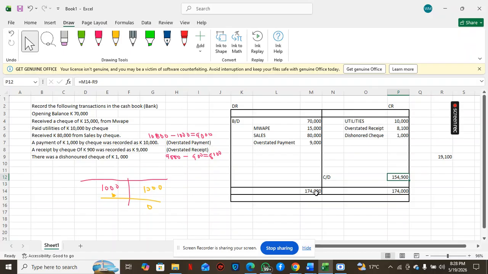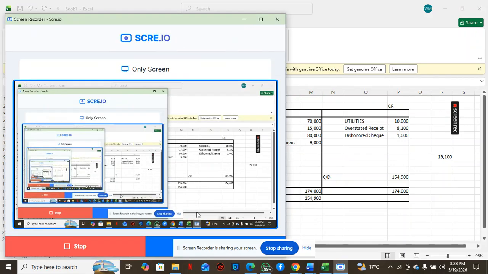Then the balance brought down, which is for the next month, you bring this 154,900 to the debit side. So this is the new balance for the cash book. Any question?